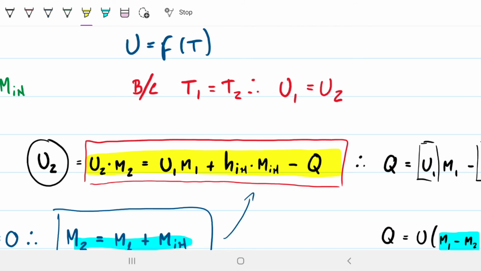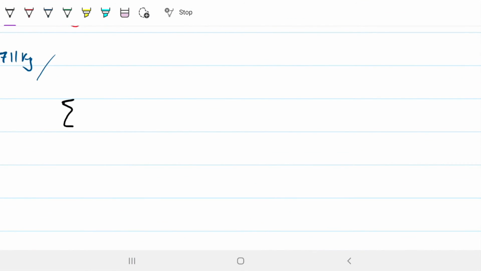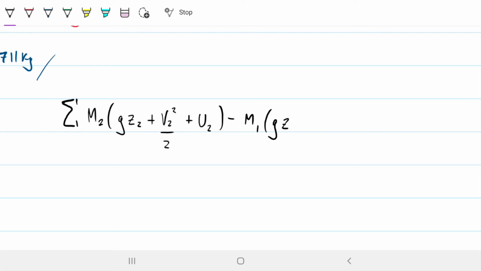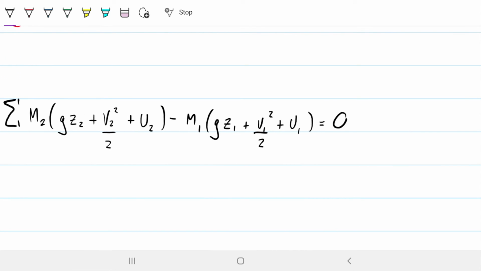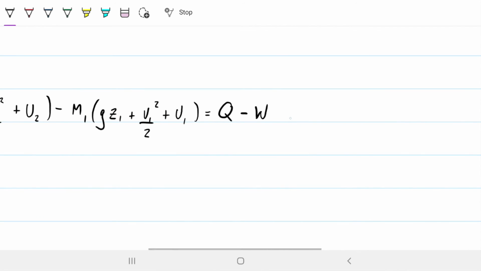You can write the whole sum down here: mass 2 times gravity z2 plus velocity 2 squared over 2 plus u2, minus m1 gravity height velocity u1, has to be equal to any changes, right? The q or the work, if we had any work, and any mass going in, which would increase the energy.